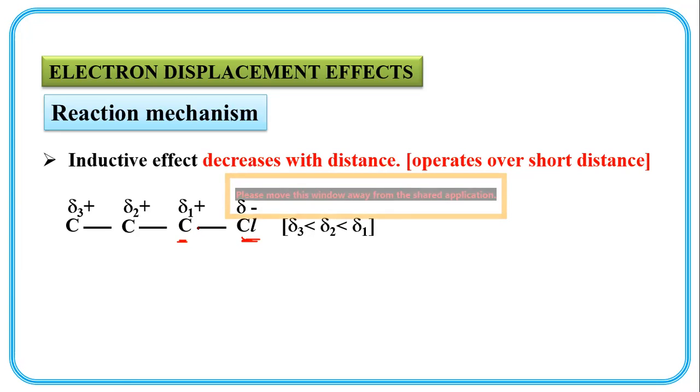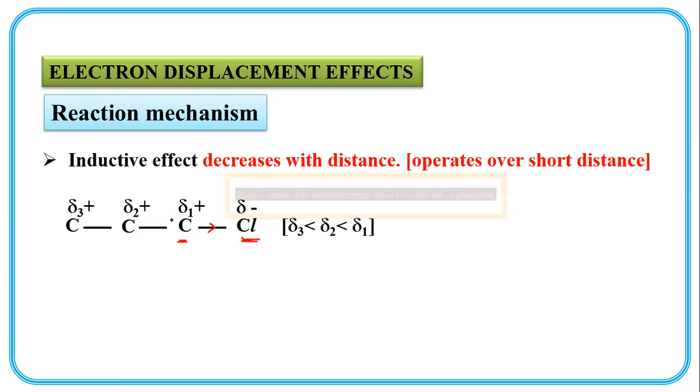So this electron pair is pulled towards chlorine. So chlorine possesses partial negative charge and carbon 1 possesses partial positive charge, that is delta 1.